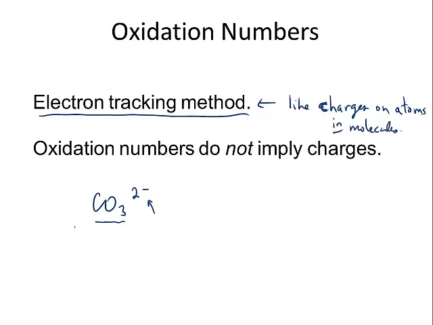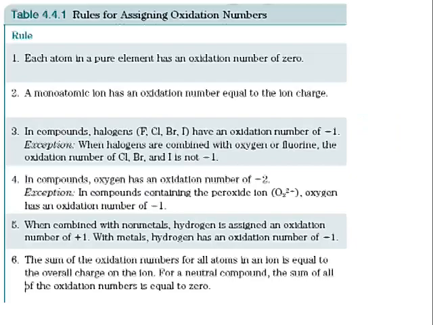But we're also going to assign a number to the oxygens and to the carbon that relates how many electrons they have. While it's something like charges, they are not the actual charges. So they do not imply actual charges on atoms, and we'll mention that as we go through the rest of the examples. So there are, of course, a set of rules for assigning oxidation numbers.